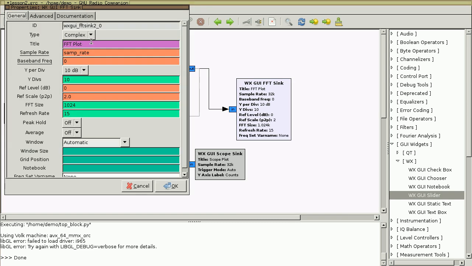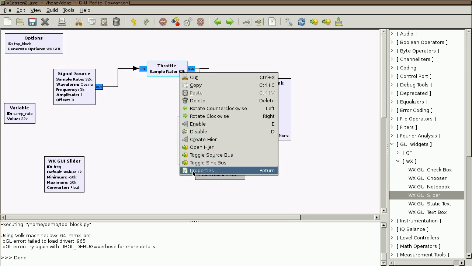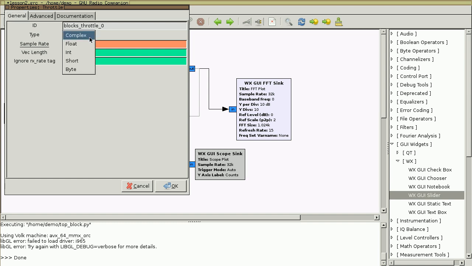If we look at this FFT sink, we see this one only knows how to deal with complex or float. If we look at the throttle block, we can see that it knows how to deal with complex, float, int, short, or byte. And a byte is an 8-bit integer.